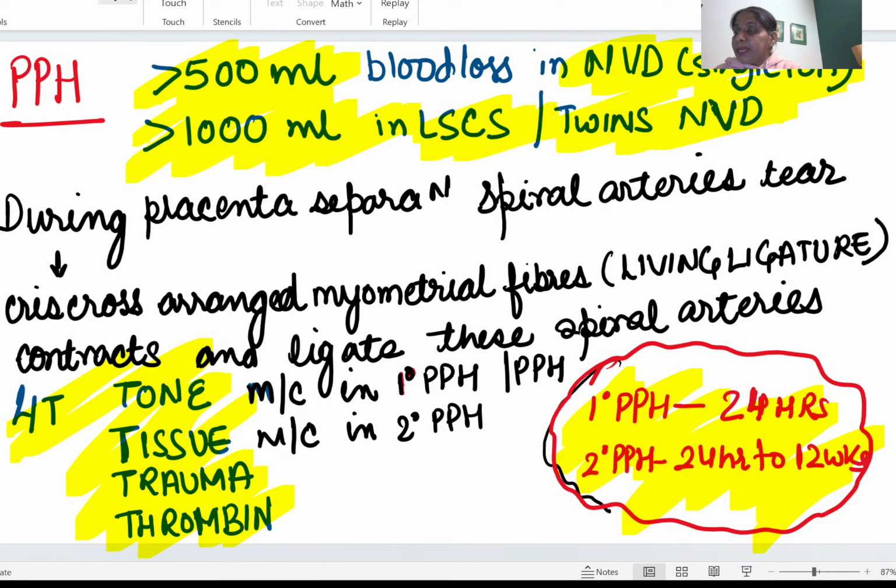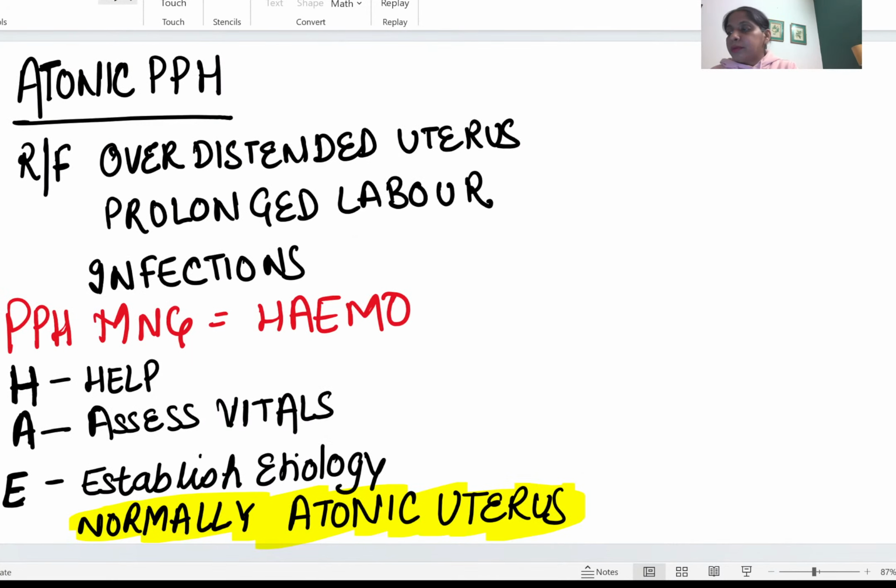If there is thrombin deficiency leading to DIC, then we have to give the plasma or fibrin or the clotting factors. That's it. Rest everything is easy, but atonic PPH is the one which is most common and which is responsible for the mother's death. So now we will discuss atonic PPH.